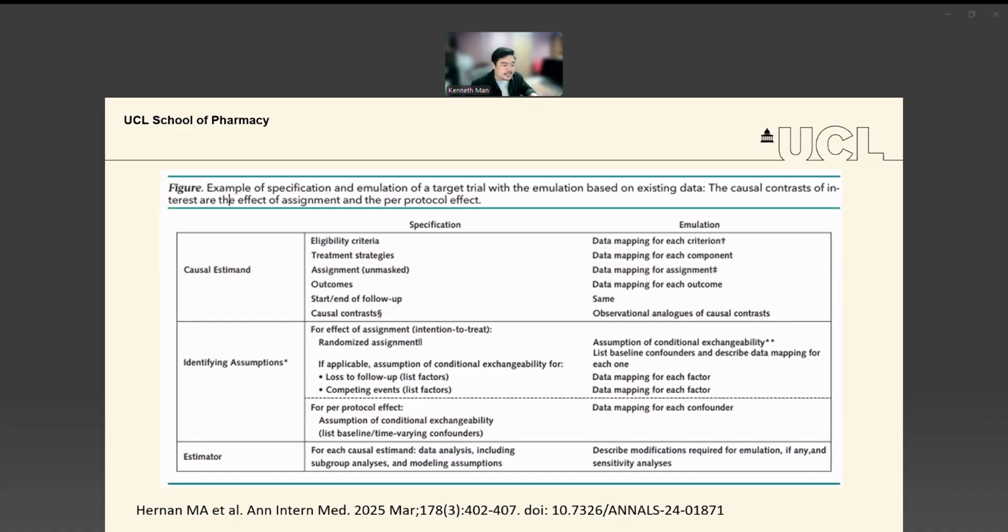And of course, confounding factors. How are you going to identify them with the observational data in order to emulate the exchangeability of randomization? So these are all the key elements that you may have to go through when planning a target trial emulation study.